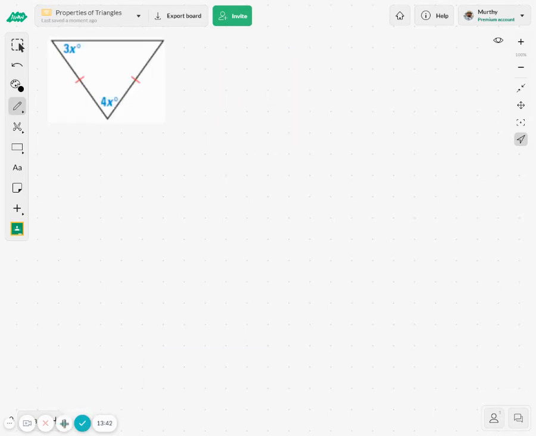One more question on isosceles triangle properties. I see that these two sides are marked. I can say that side AB and AC are equal. AB equals AC, that is given.